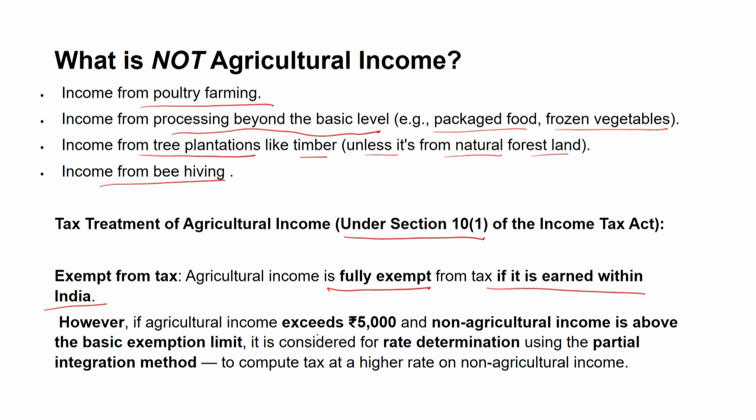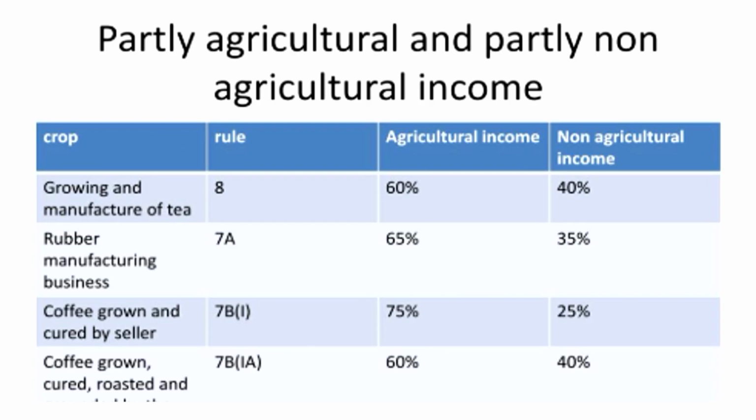However, if the agricultural income exceeds rupees 5 lakh and the non-agricultural income of the assessee is above the basic exemption limit, in such cases it is considered for rate determination using the partial integration method for the purpose of computing the taxes of the assessee. So let us now know what we mean by the partial integration method.